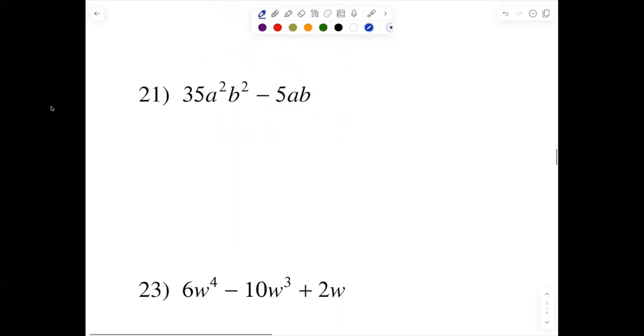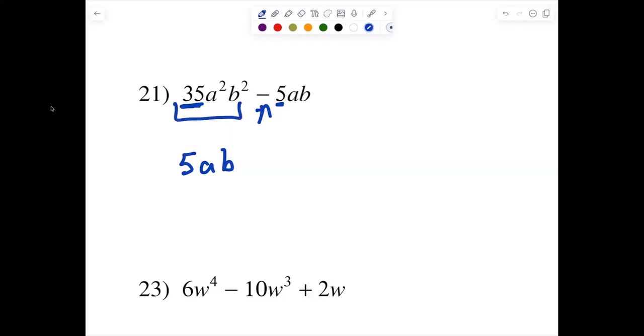All right, next, 21. What's common? Nope, just 5. We only factor out a negative if the leading coefficient is negative. So don't factor out a 5 because you see this is negative. It's just what's common with 35 and 5. Is there a common B? Yeah, there is a common B. Come on, this is a little bit harder. So there's a common 5AB in each bucket.